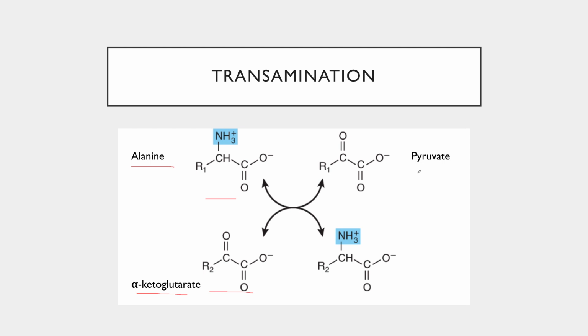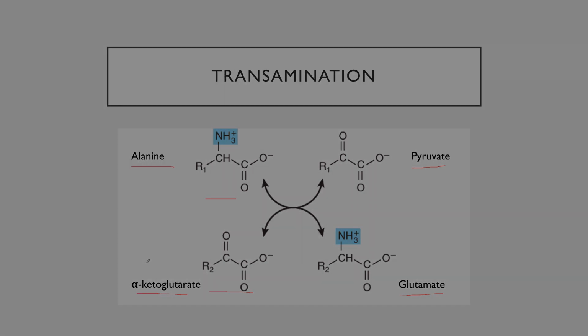So the keto acid of alanine is pyruvate, and alpha-ketoglutarate plus an amine group is our amino acid glutamate. So we'll look more carefully at how these transaminations are useful in the movement of nitrogen. And again, this can take place with any amino acid and any keto acid.